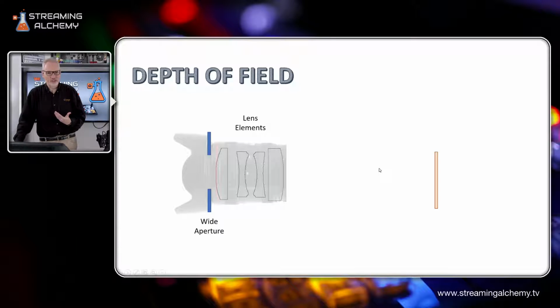But depth of field, in its general use of the term, is just the amount of space before and after a subject that is in acceptable focus. Now, this is an interesting point. When you deal with lenses on a mathematical level, there is a single plane that is in focus.